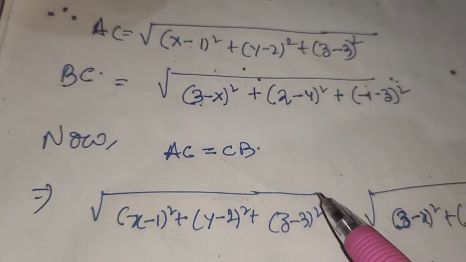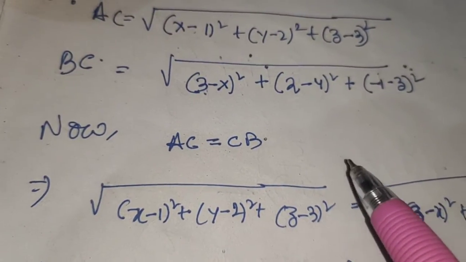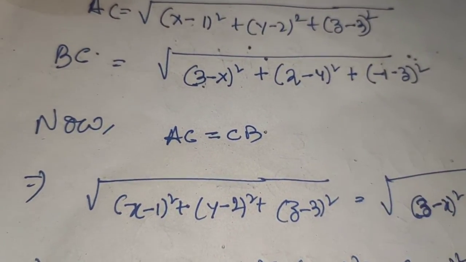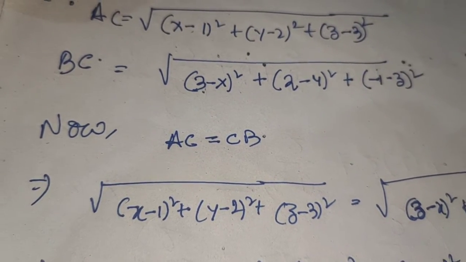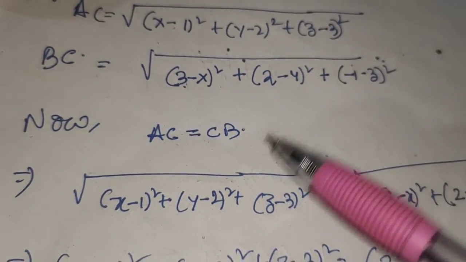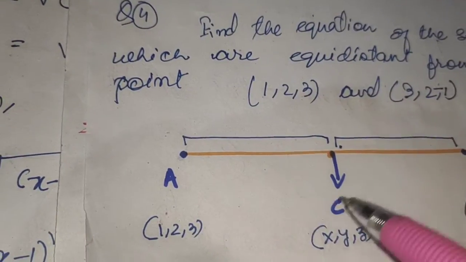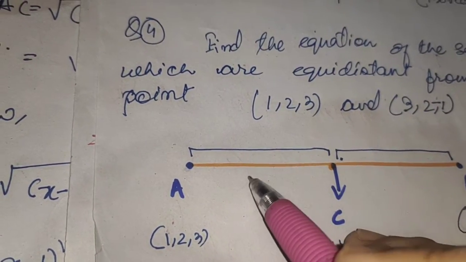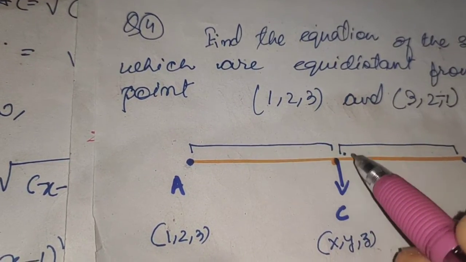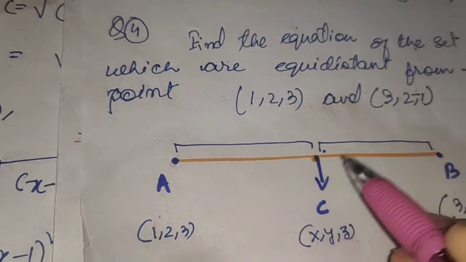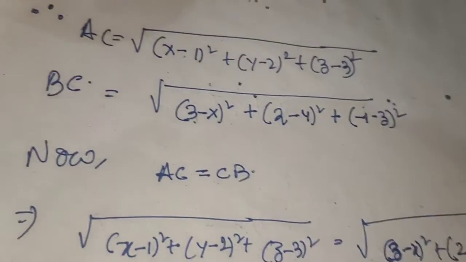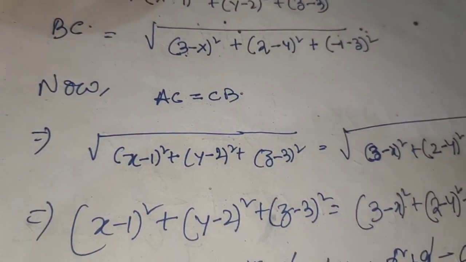Now as it is given, we have to find the points that are equidistant from the given points. That means the point C is equidistant from A as much as it is equidistant from B. So what we'll do, we'll write down AC equals BC.